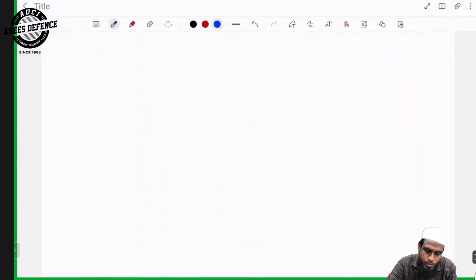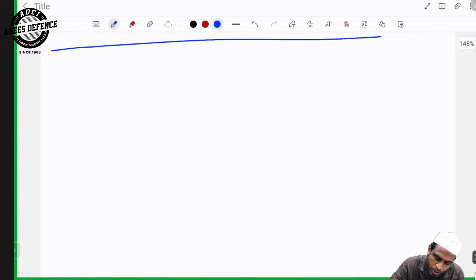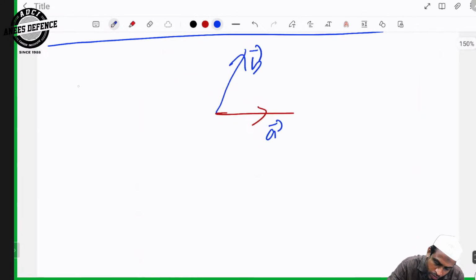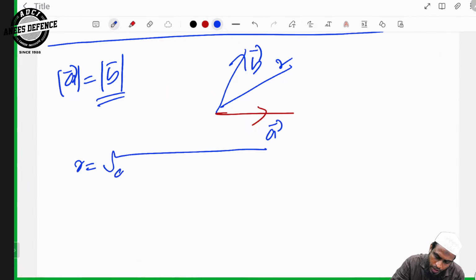Here also, as a special case, you can take two vectors A and B. If the magnitude A equal to the magnitude of B, R is equal to root of A square plus B square plus 2AB cos theta.